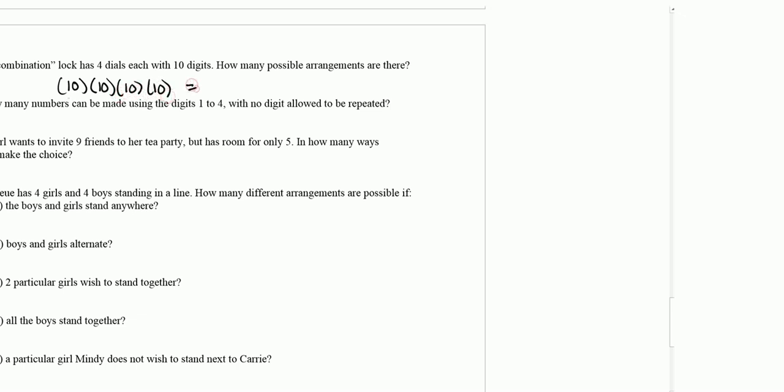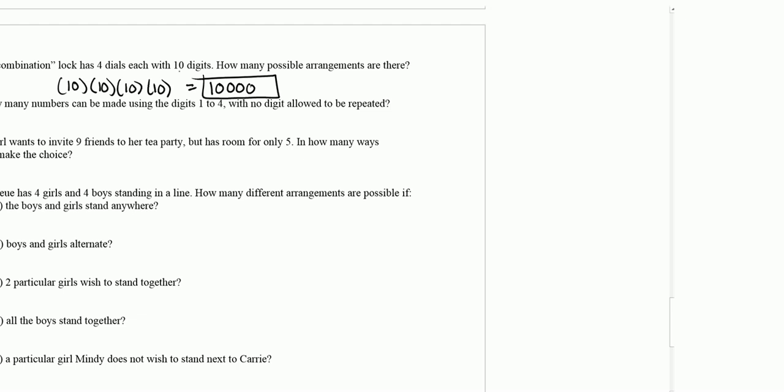And so using the fundamental principle of counting, we multiply these 10s together and get 10,000. 10,000 arrangements.